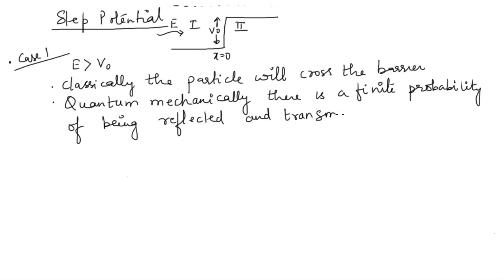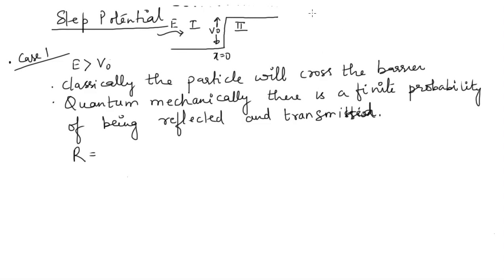So, when E was greater than V naught, we got my reflection coefficient R, which was defined as the probability current reflected in region 1 to the probability current incident.